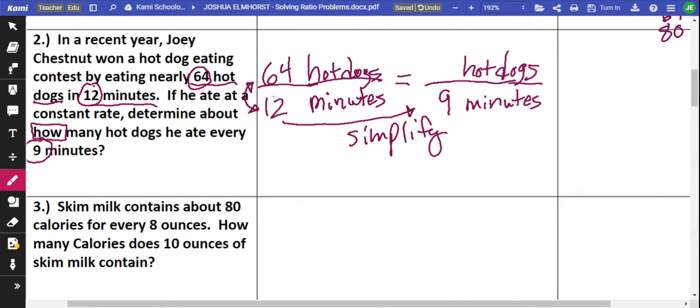So 64 and 12, half of 64 would be 32, and half of 12 would be 6. So 64 to 12 is the same as 32 is to 6. And if we do half again, I believe that's going to be half of 6 is 3, and then half of 32 is 16.